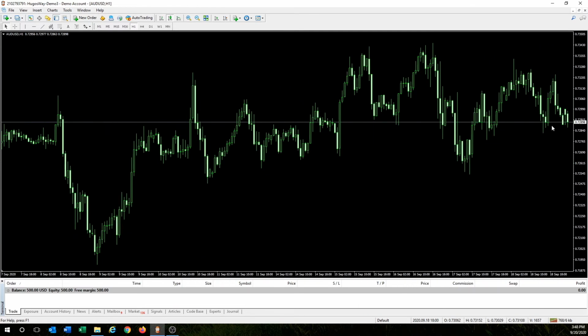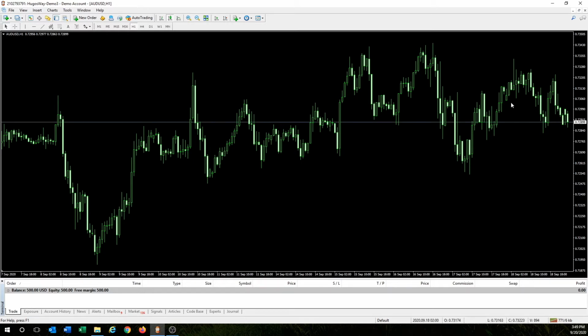So these candles are showing us that at this moment in time, since we're trading AUD USD, the base currency is Australian dollar. 1 Australian dollar is worth how much US dollar? Say I was from Australia and I was visiting the United States. If I had 1 Australian dollar and I exchanged that for American dollars, right at this very moment, I would get 72 cents US dollar.